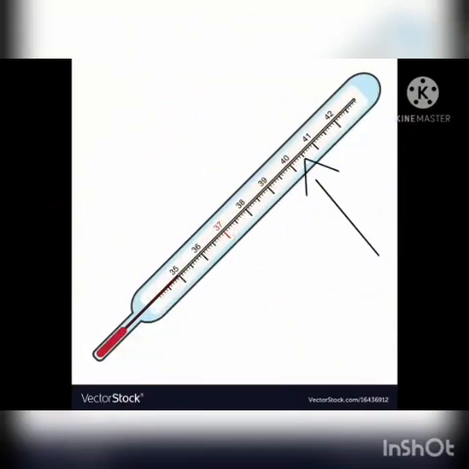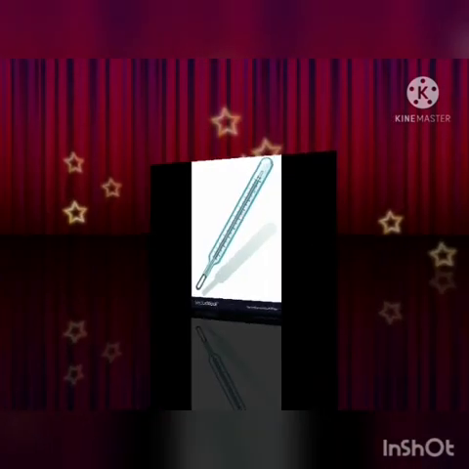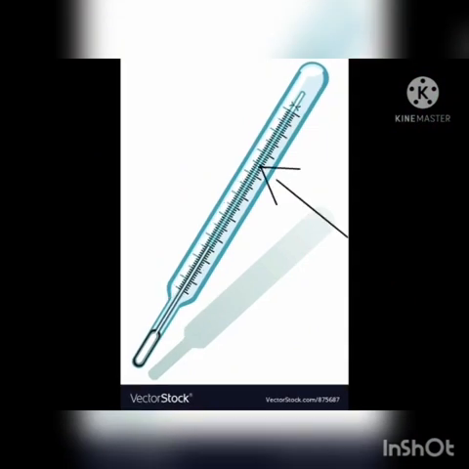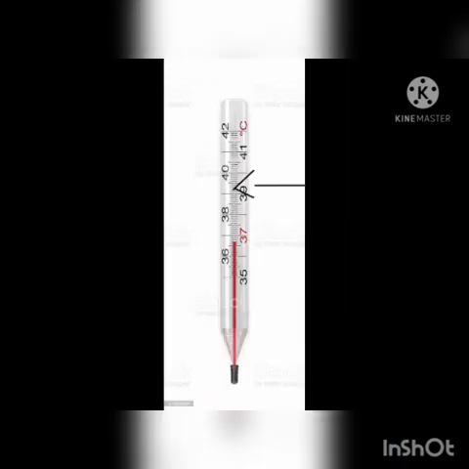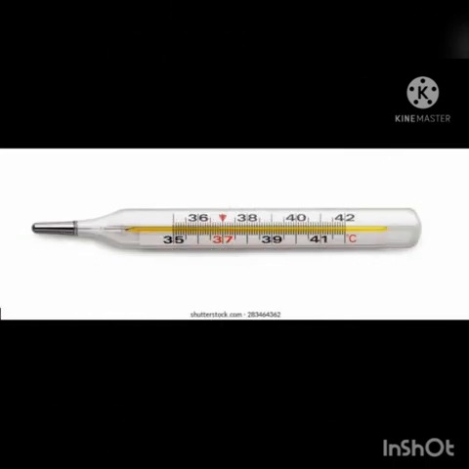In this long, narrow, uniform glass tube, you will see a silver shiny thing. What is that? The silver shiny thing is known as mercury.